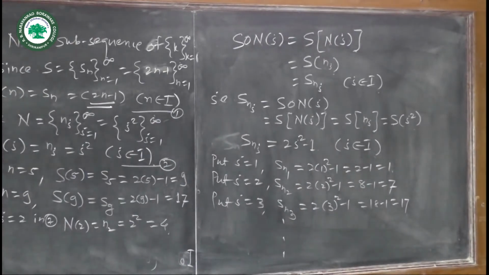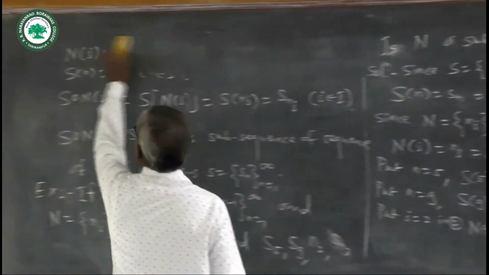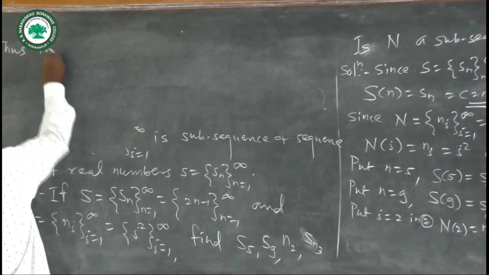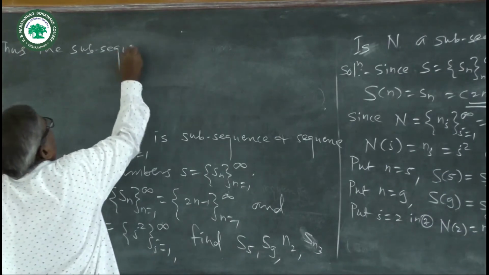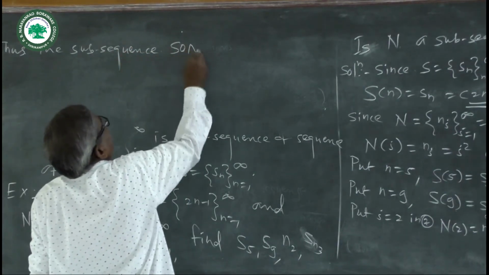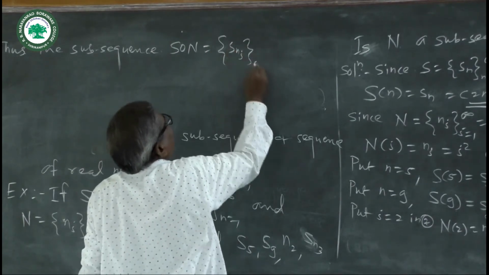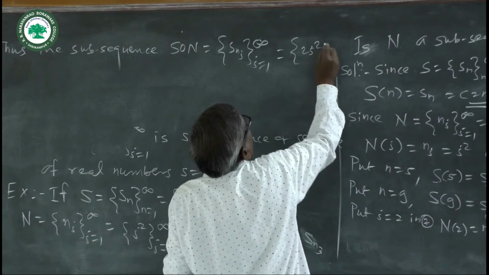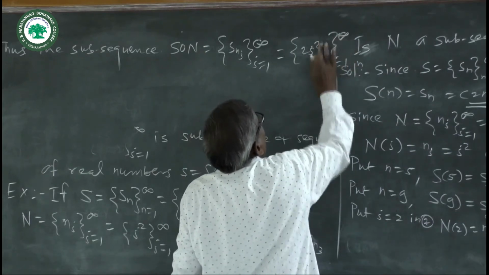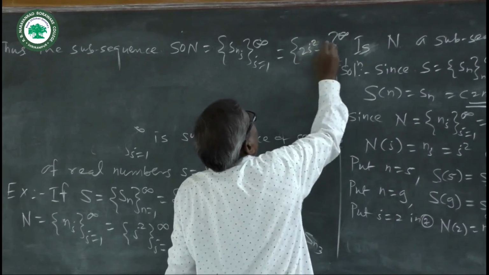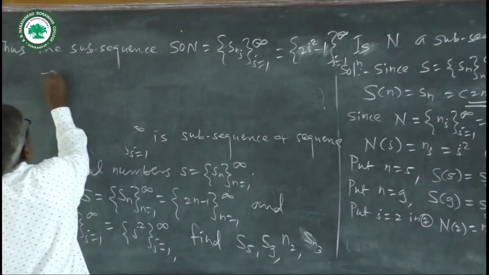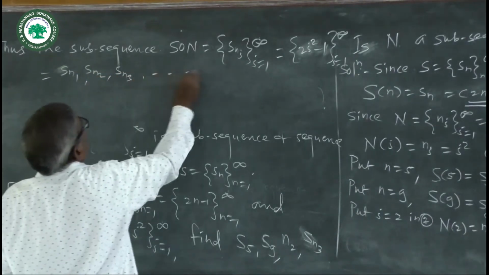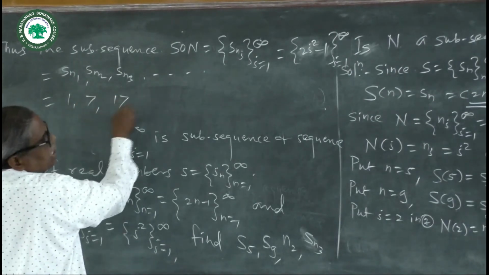Therefore, the subsequence S composition N is equal to s_{n_i}, i is equal to 1 to infinity, is equal to 2i square minus 1, i is equal to 1 to infinity, which is equal to s_{n_1}, s_{n_2}, s_{n_3}, and so on, is equal to 1, 7, 17, and so on.